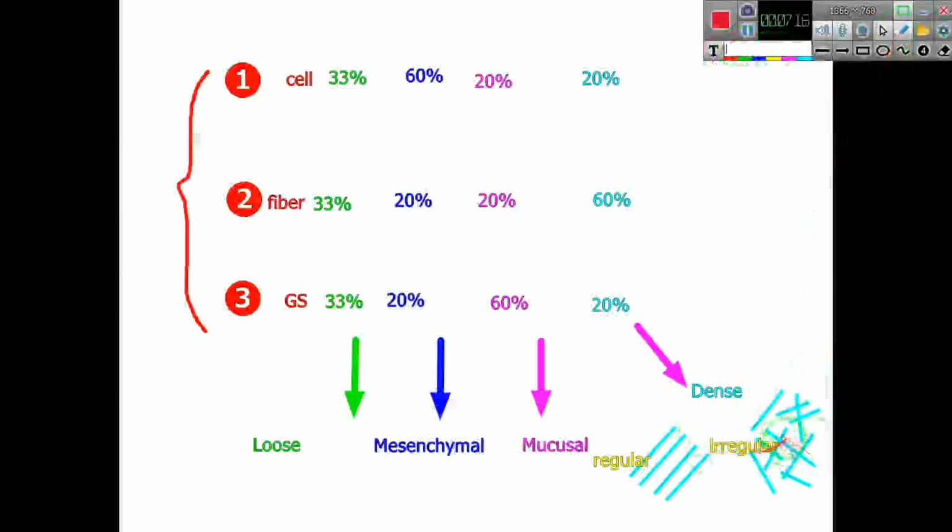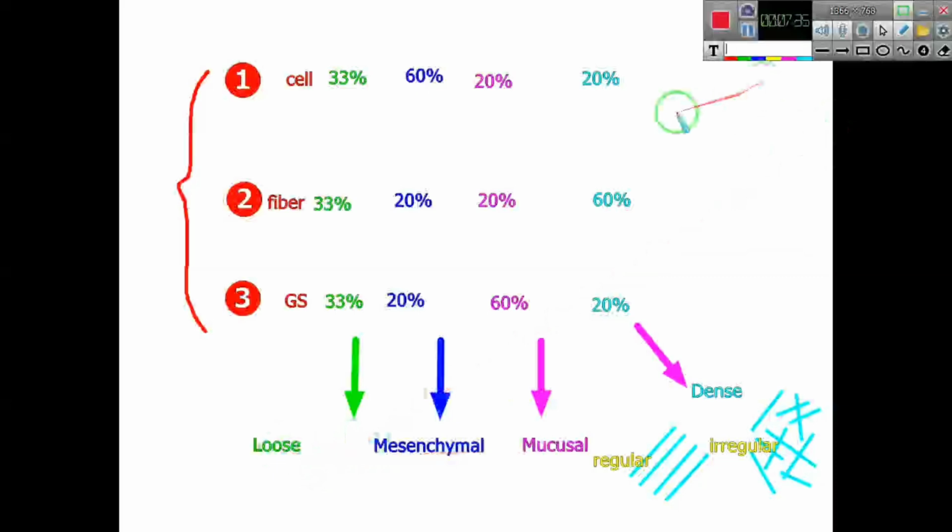Regular and irregular connective tissue. By this way, we learn five different connective tissues: dense, regular and irregular, mucosal, mesenchymal, and loose connective tissue.